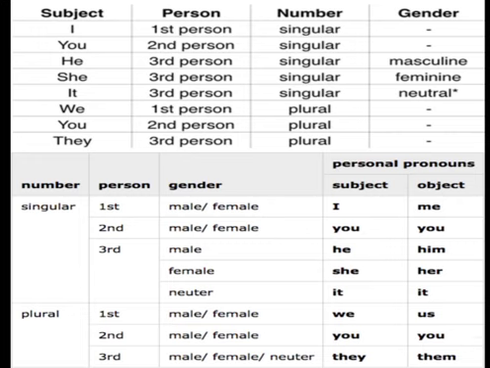Then for third person plural we use they or them. They are standing there. He is standing there for singular, or she is standing there for singular, and they are standing there for plural. Or I have given the word to her, singular. I have given the word to them, plural. I hope you have understood, children.